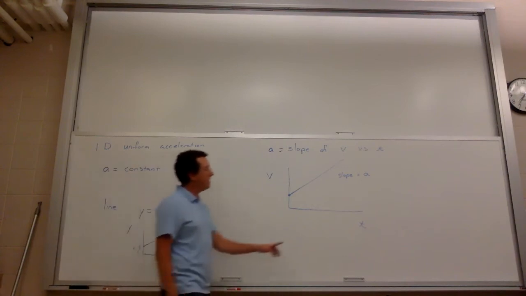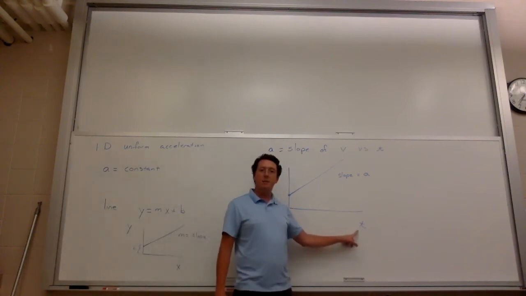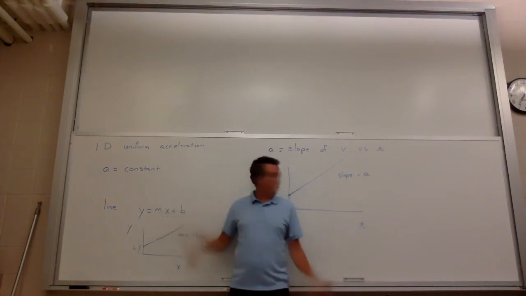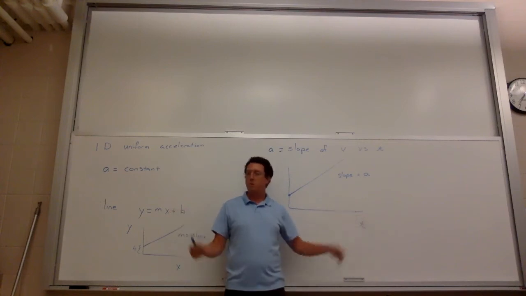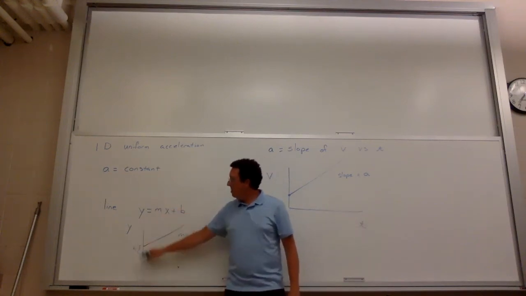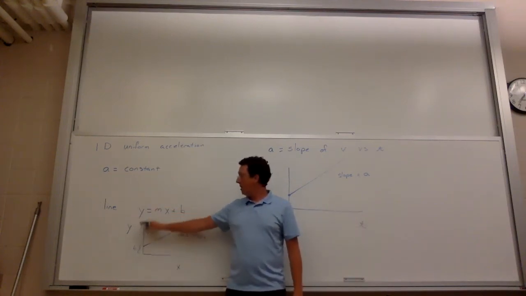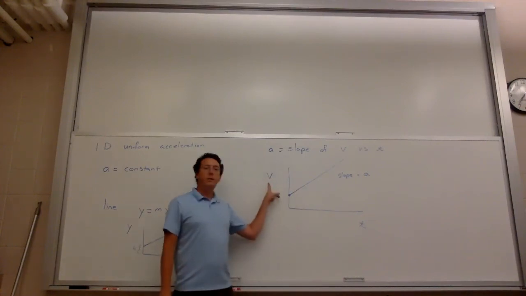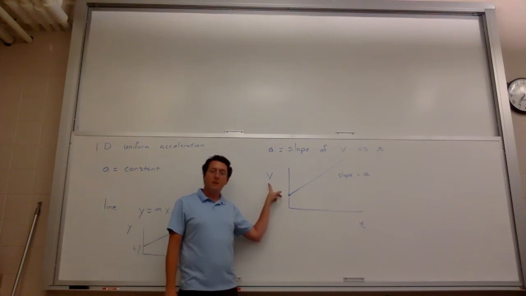But in physics, we like to think of time as being the independent variable. So we're going to have the equation for a line, but everywhere we have x, we're going to swap it out for time. And the dependent variable over here was y. So here, the dependent variable is v. So we just change the spelling in an appropriate way.